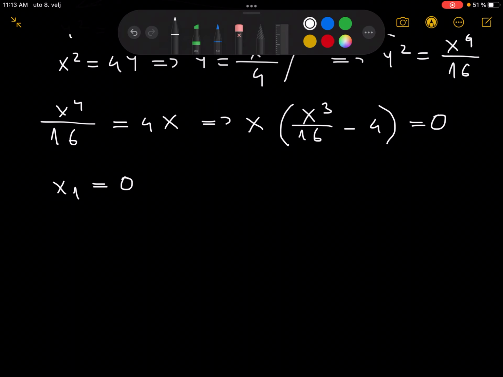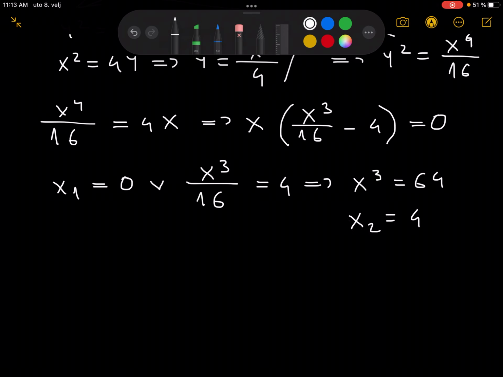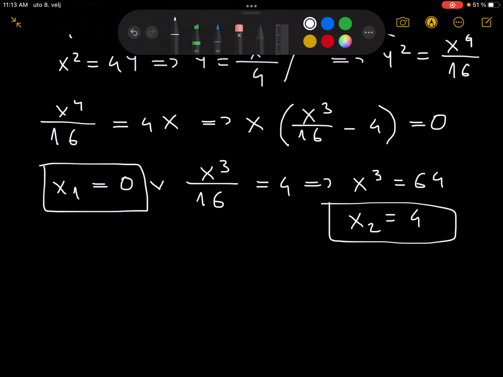That's the first case. Or x to the 3rd power over 16 is equal to 4. Therefore, x to the 3rd power is equal to 64. From here, we get that x2 is equal to 4. So these are going to be our limits of integration.